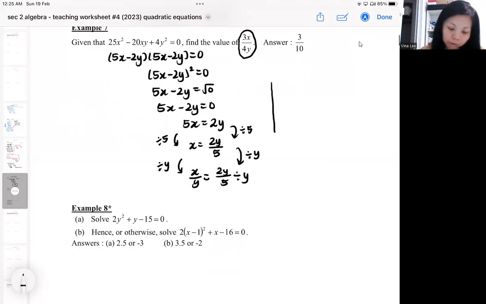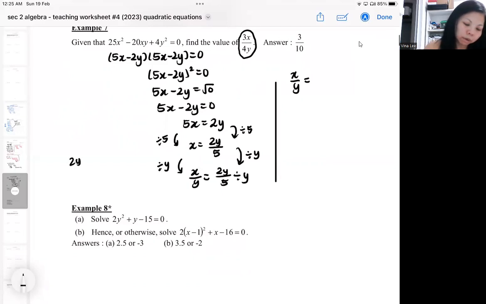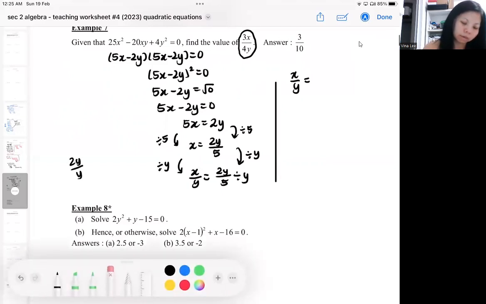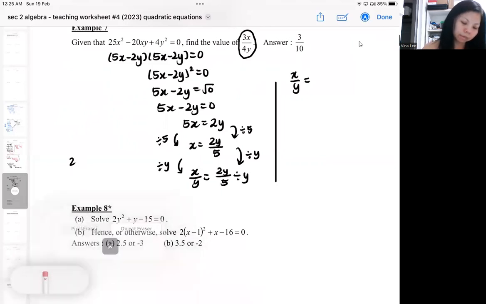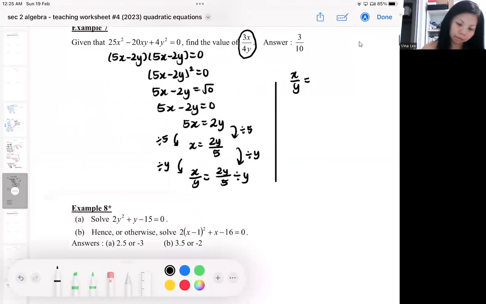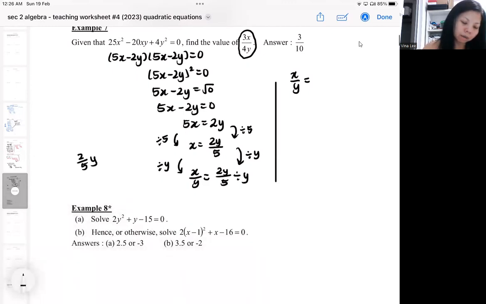What happens when I divide by y? It's actually very direct. It will be 2/5 y divided by y. When you divide by y, it cancels, and you get 2 over 5.